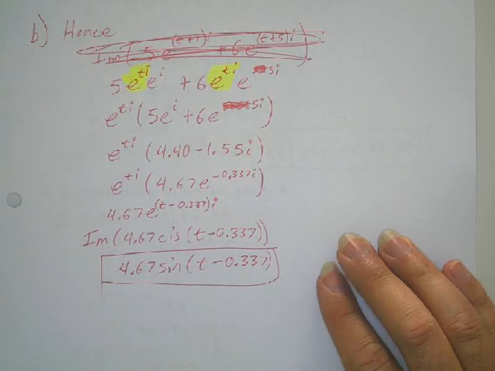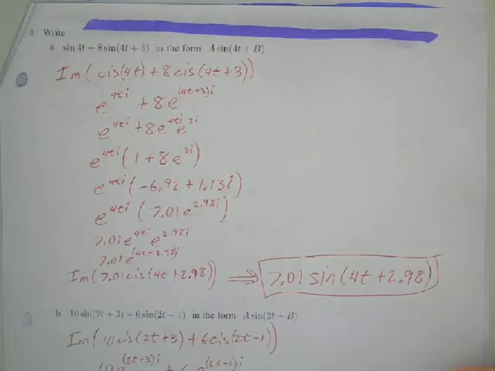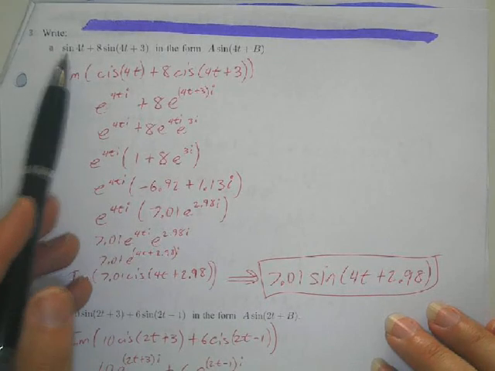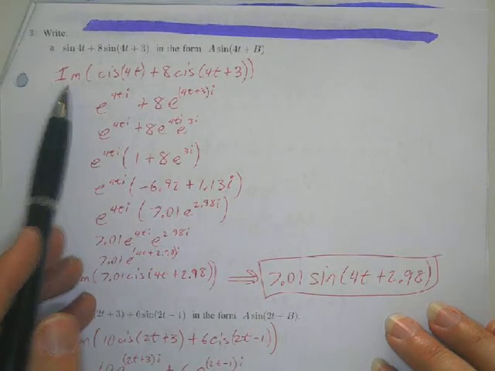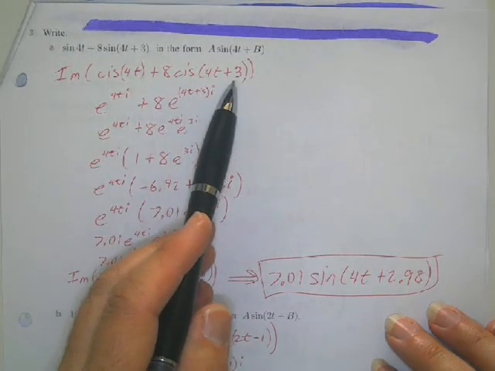Okay, same process. Just writing, we have sine and sine, so we have imaginary cis 4t plus 8 cis 4t plus 3.